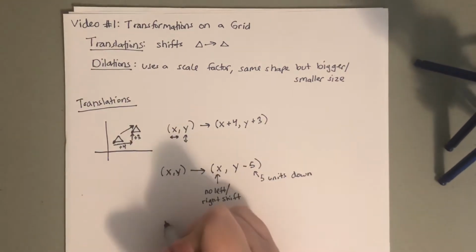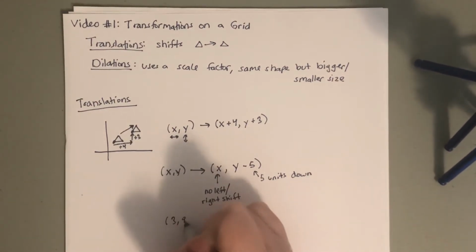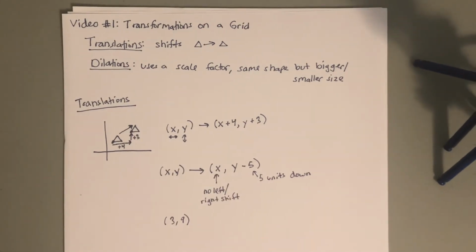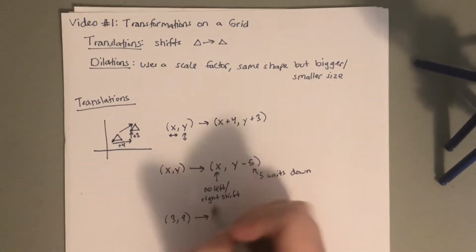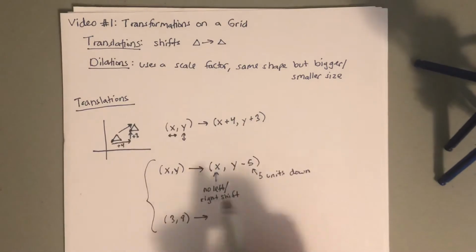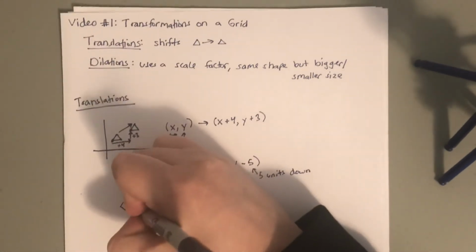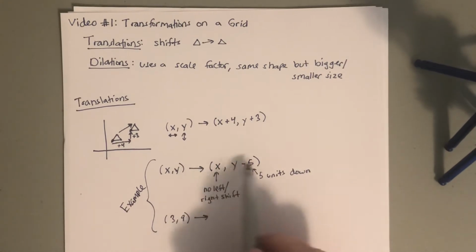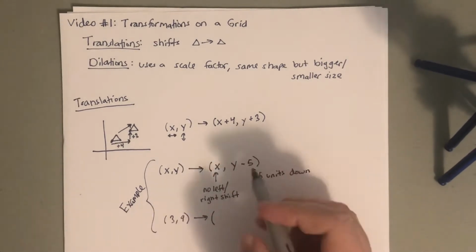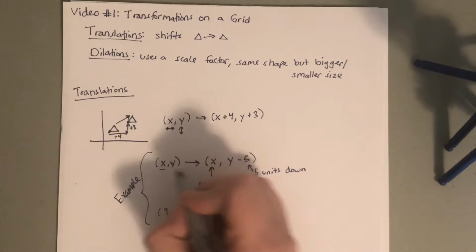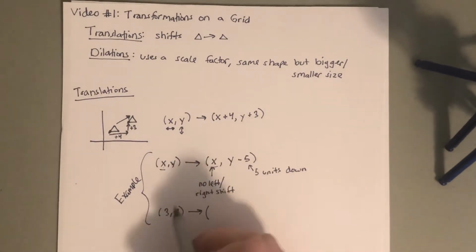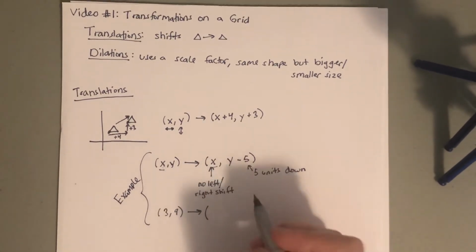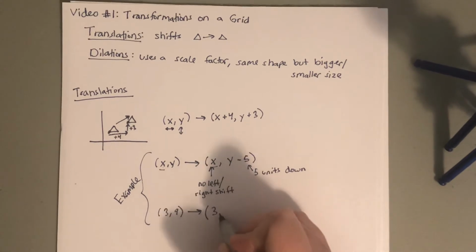So for example, let's say we had the point 3, 9. According to this rule, the x stays the same. So what is 3 over here is still 3 in the new shape.